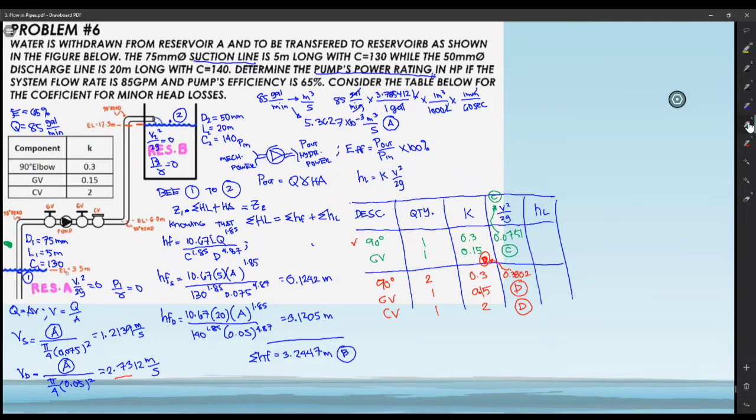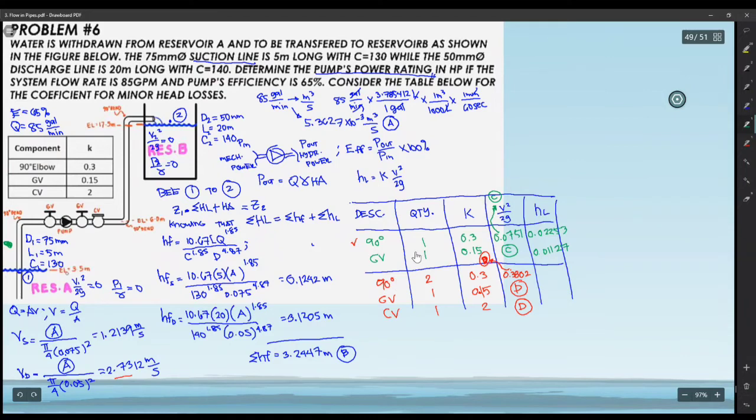So, isa lang naman yun. So, this is 0.02253. And then, yung sunod sa gate valve. Ito na lang K. So, from 0.3, magiging 0.15 lang siya. So, same velocity head lang naman. So, ito is 0.01127.